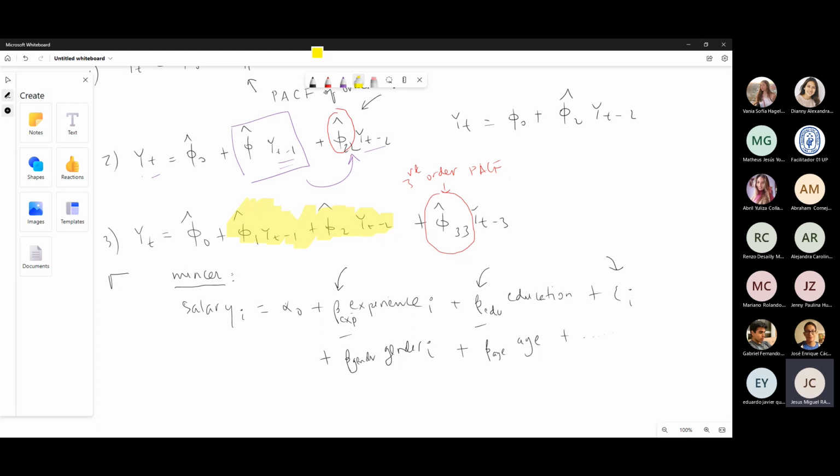An instrumental variable would be like, if you don't know, for example, yesterday we were talking about people that smoke. Maybe we don't know how to identify people that smoke, but maybe we can know that some people have, what else?